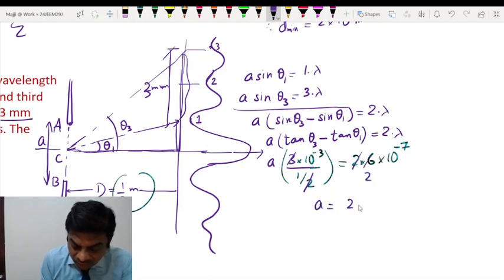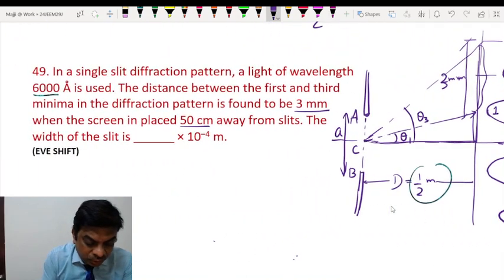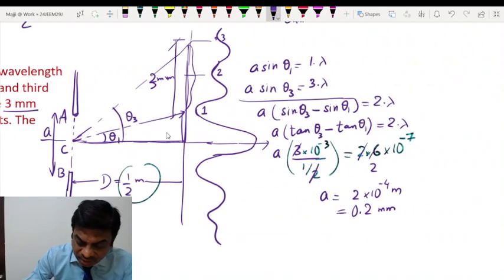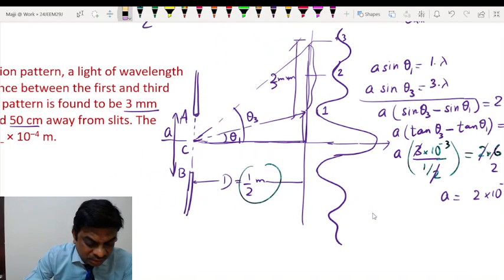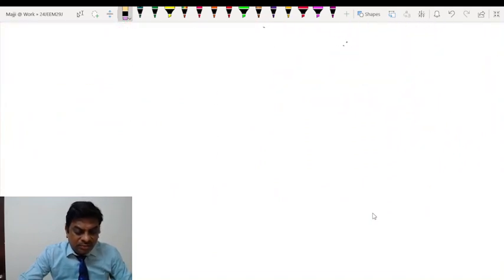So a is equal to 2 into 10 to the power minus 4 meter, which is 0.2 mm. So the width of the slit they are asking is 2 into 10 to the power minus 4 meter.